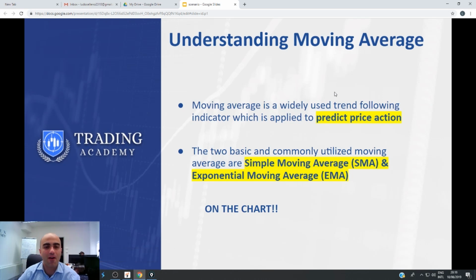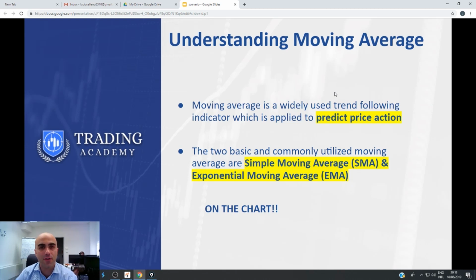The moving average is a widely used trend following indicator which is applied to predict how the price level is going to behave and what trend it is going to take. The two basic and most commonly utilized moving averages are the simple moving average, SMA, and the exponential moving average.